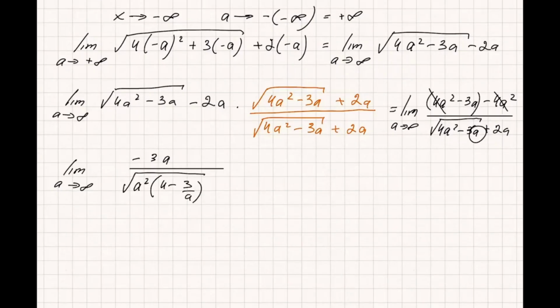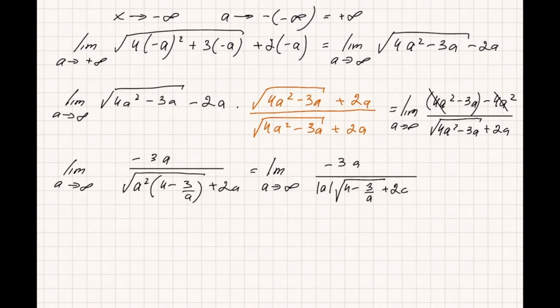And I have only one a here, so I will need to kind of borrow one from there. And then plus 2a here. So now remember that square root of a squared, this is just the absolute value of a, or modulus of a. So I would have limit as a approaches infinity of negative 3a over modulus a times square root of 4 minus 3 over a.